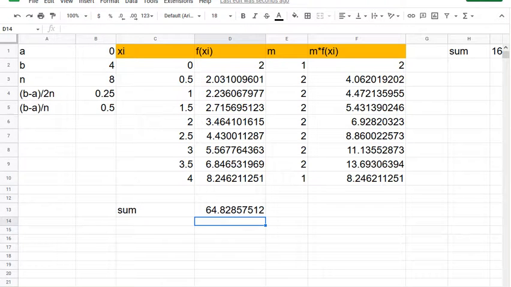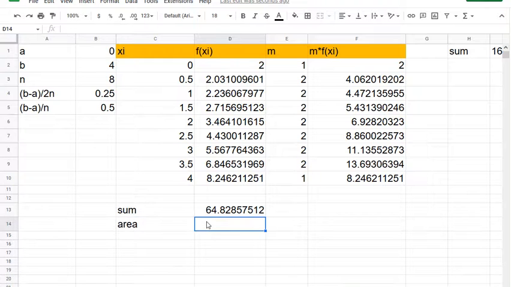And that will give us the sum. And then now we want the area. And the area is going to be b minus a over 2n, and then times the sum.